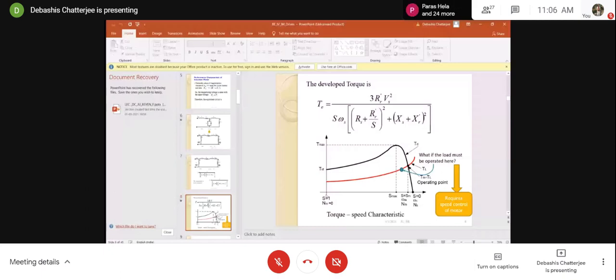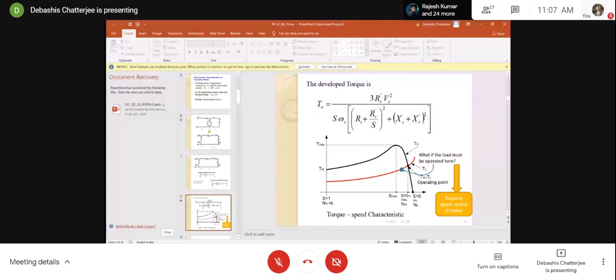If omega r is positive, then this slip value will always be less than 1. Slip value greater than 1 means omega r is negative, that means your field is in one direction and the rotor in the other direction. This happens only in the region of braking, which you will be learning later on.